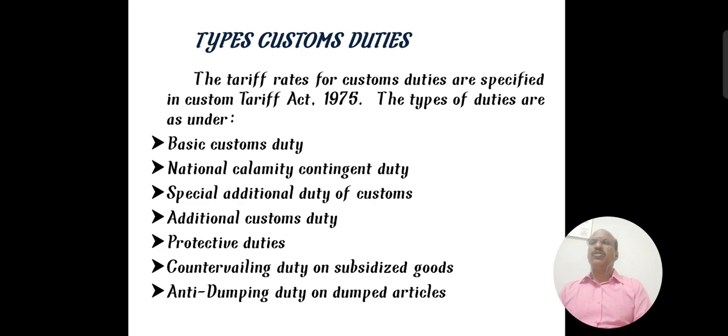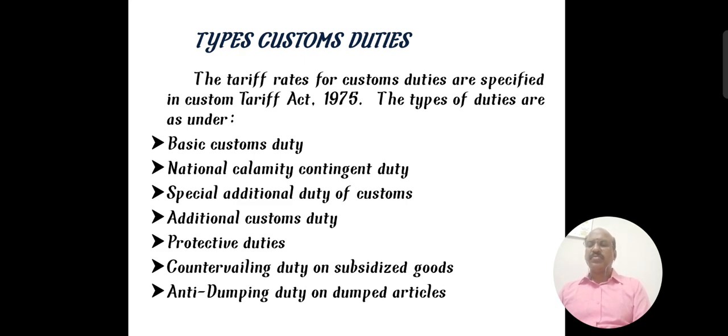Apart from the normal duty, in order to control a particular business or particular industries, they have to impose a duty on specific goods or specific industries. So that can be considered as special additional duty. The next one, additional customs duty.